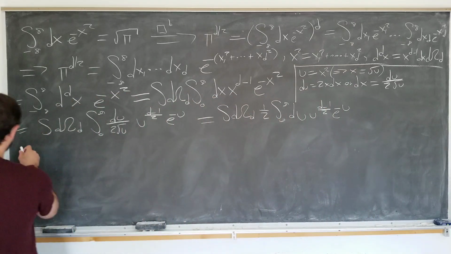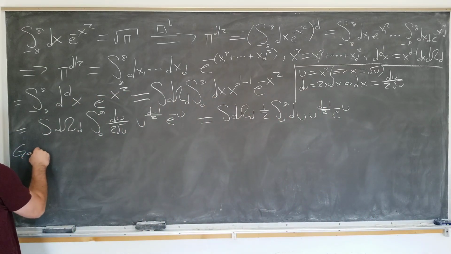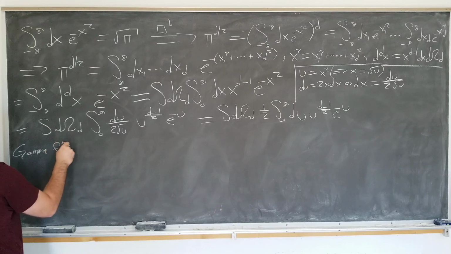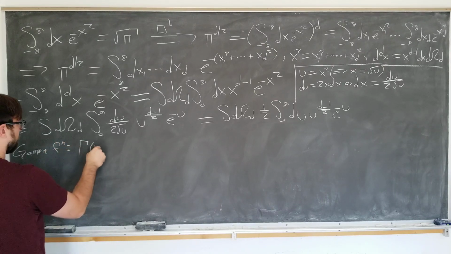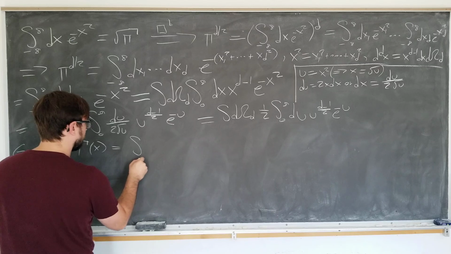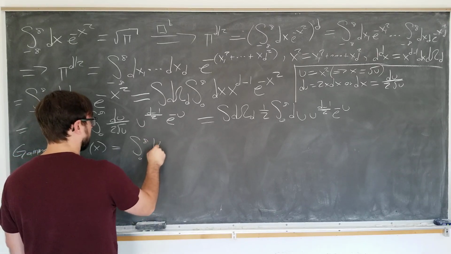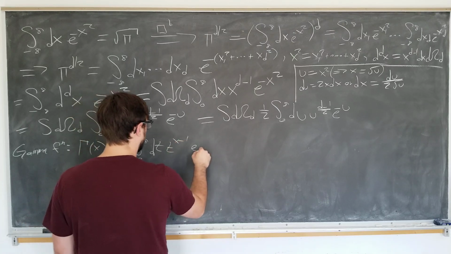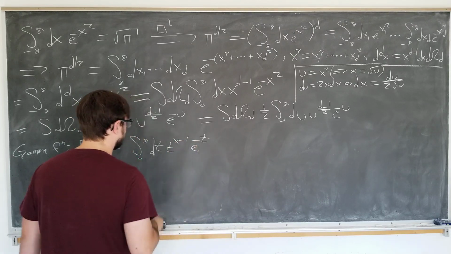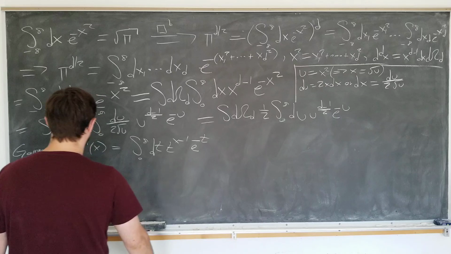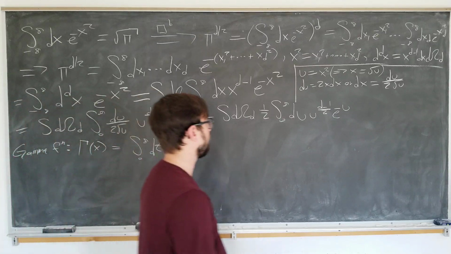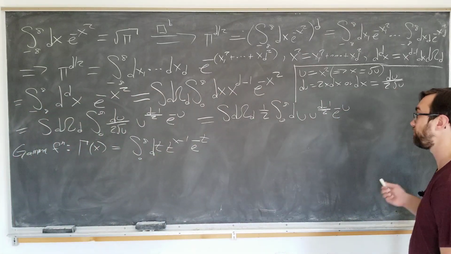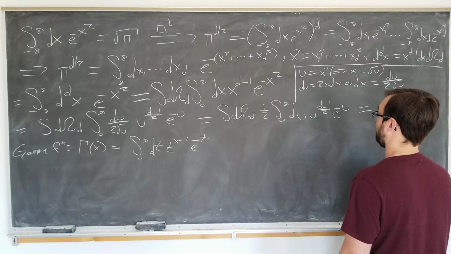It's pretty important. Gamma of x is defined to be the integral from 0 to infinity, with some other variable t, of t to the x minus 1 e to the minus t. And yep, that's all we need. We can now recognize this as a gamma function.